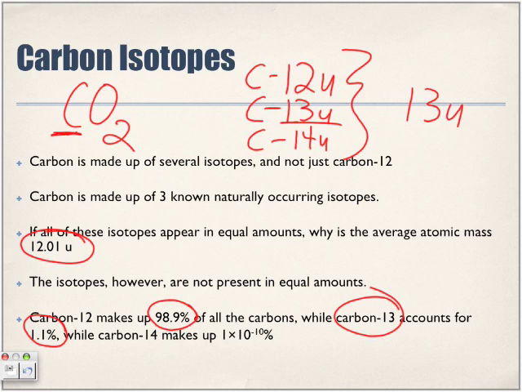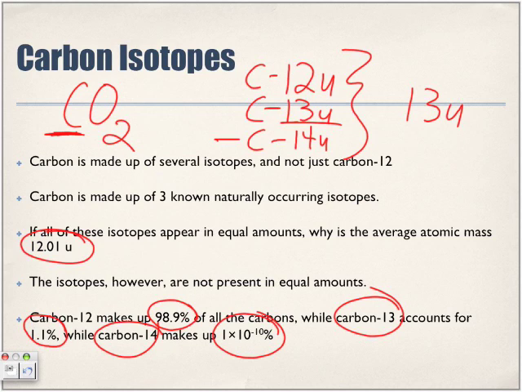And then we have carbon-14. Look at how small this percentage is: 1 times 10 to the power of -10%. So think of all those zeros. That's how small a percentage of those isotopes are found in that carbon molecule.